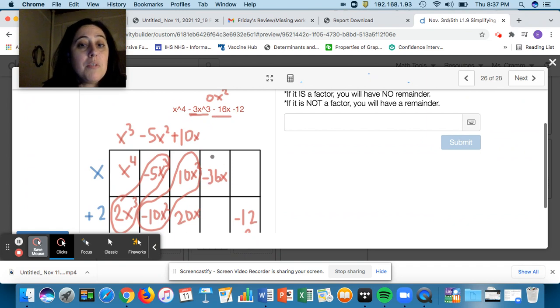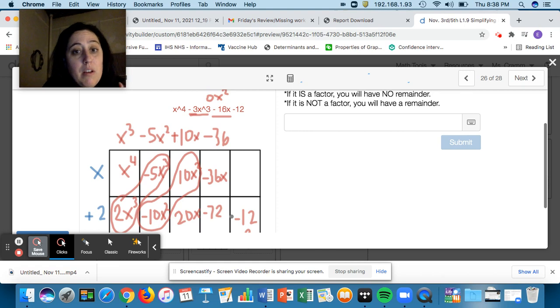Now let me do this. I already have the x, so I just need minus 36. Negative 36 times 2 is negative 72. Oh, and look, I put the negative 12 here.